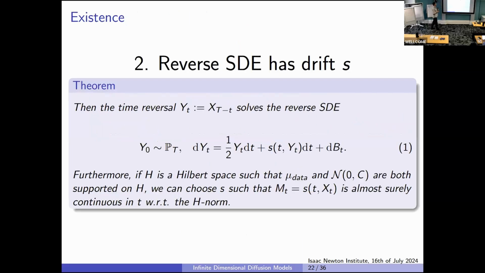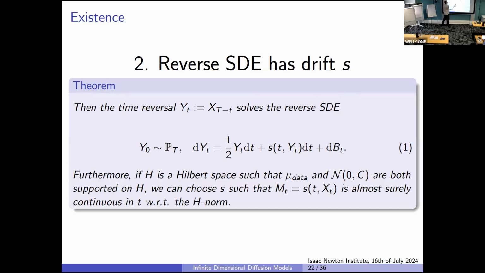Okay, now that we have a way to approximate the drift, maybe let's check if the reverse SDE satisfies this. And indeed it does. So basically, if we have the pathwise reversal of the forward SDE, and I would like to discuss in which way this carries over, but I think this is also a special case because we have quite a simple forward SDE here, not a very complicated object.